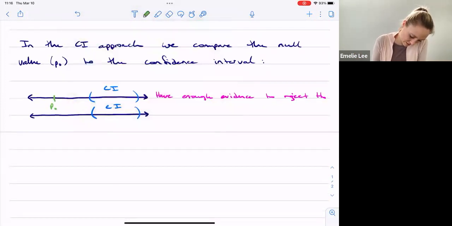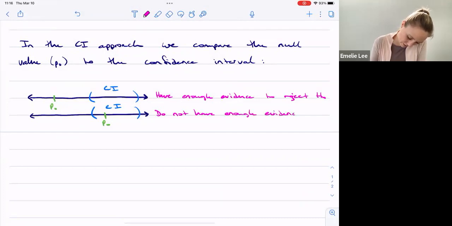Whereas if the null value is inside the interval somewhere, right, then we do not have enough evidence to reject H naught.